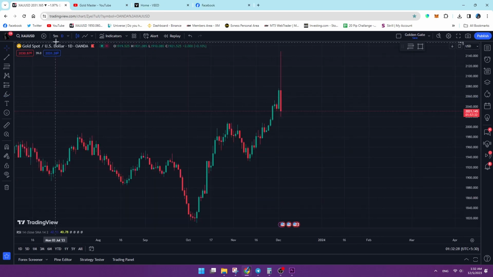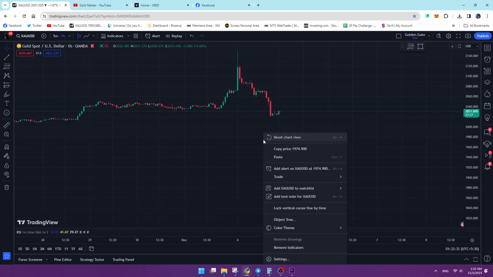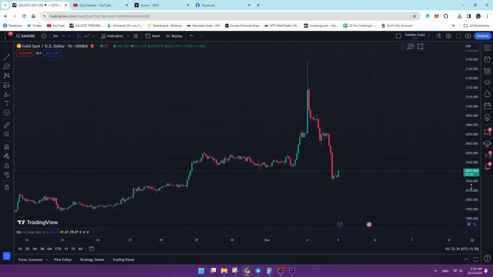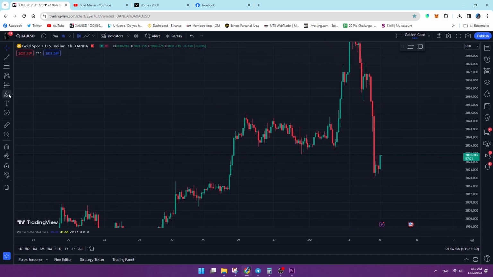Now let's go to a lower time frame, like 1 hour. In the 1 hour time frame, I recognize this as my swing low, and this is my swing high.